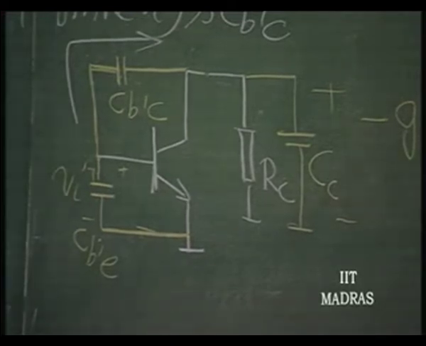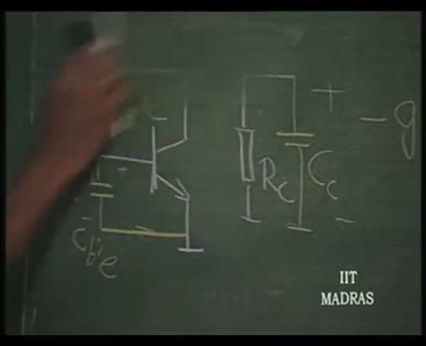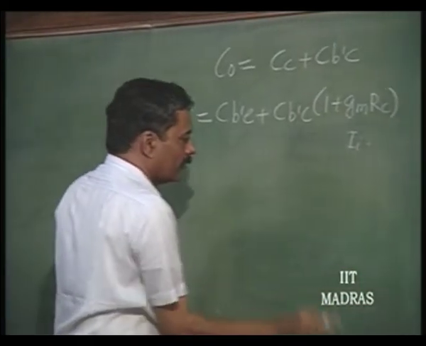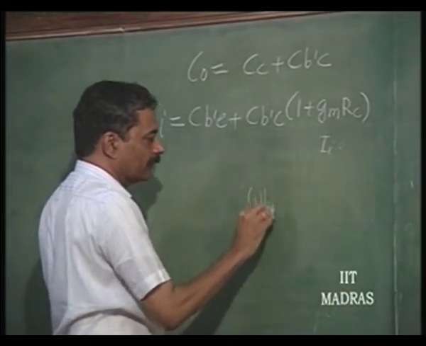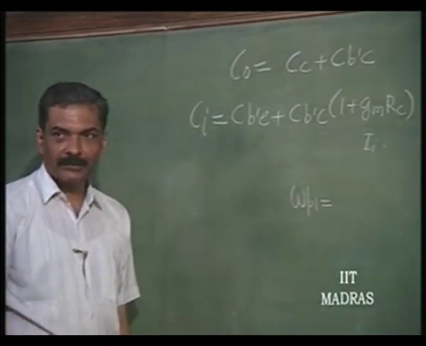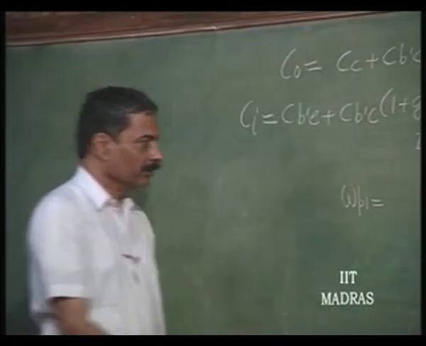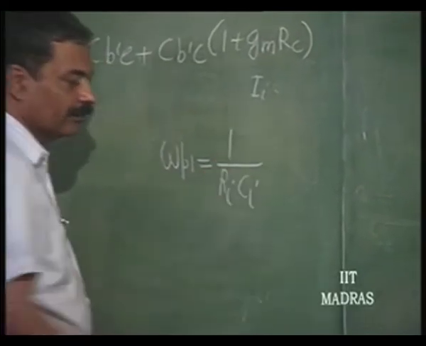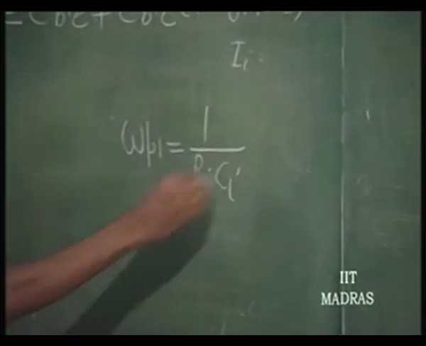So, essentially as far as this common emitter amplifier is concerned, omega P1 is going to be the pole. If you consider this R I C I, what is R I?